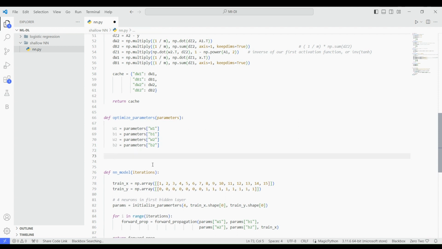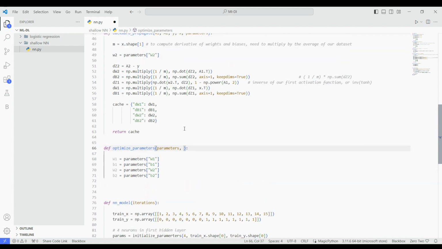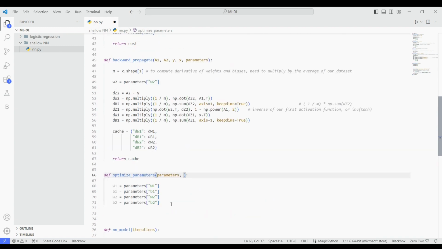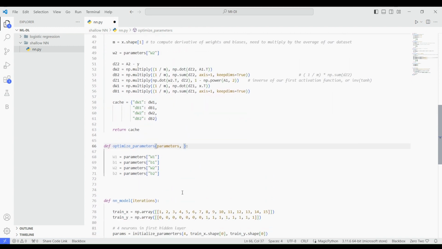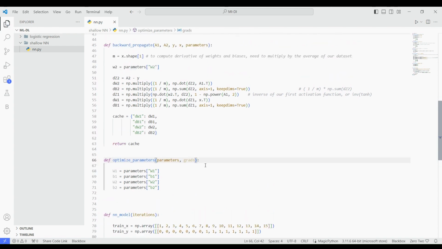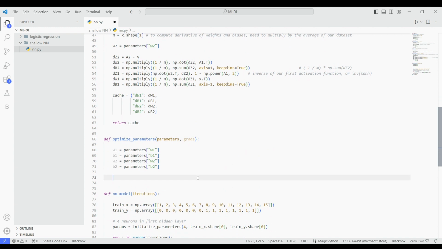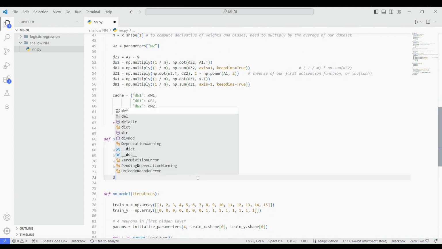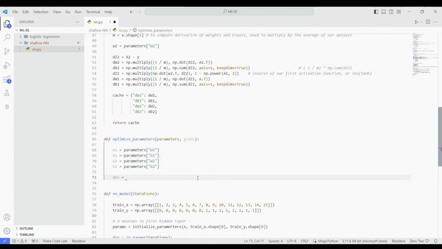And then we need to actually access our backpropagation W's, right? So I'm gonna call this grads. We're gonna take grads as an argument, and I'm gonna say derivative of W1 is equal to grads derivative of W1.